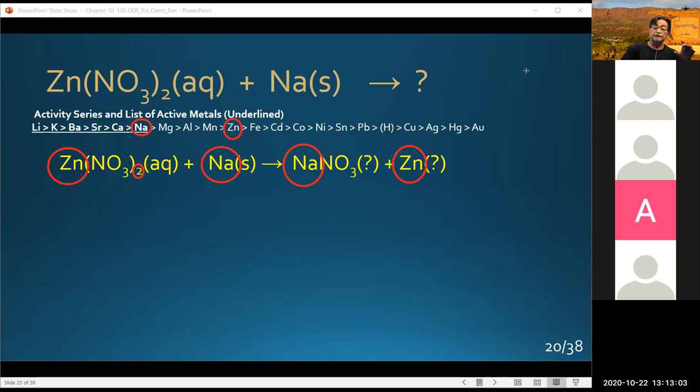Let me change the color to make sure we are talking about the correct zinc, okay? I've put this zinc in the yellow circle. What is its oxidation state right there as it stands? I heard a number.